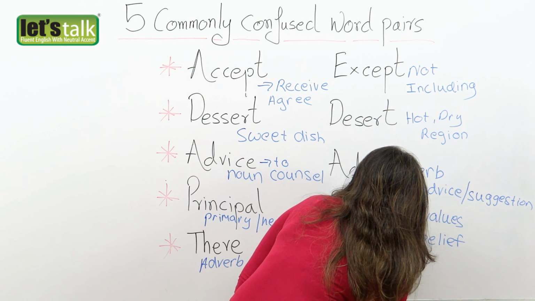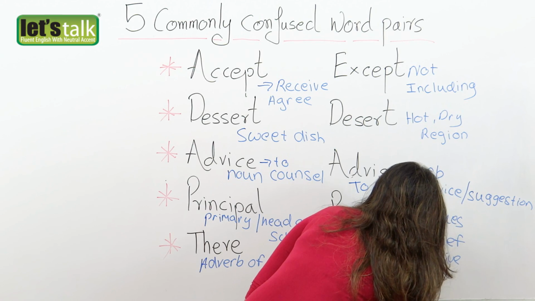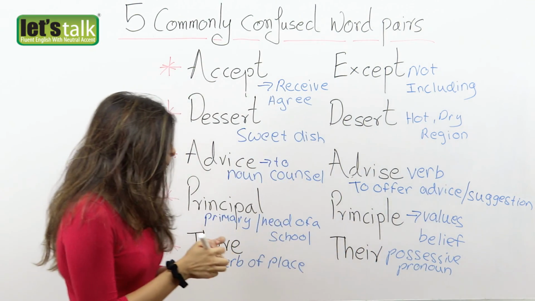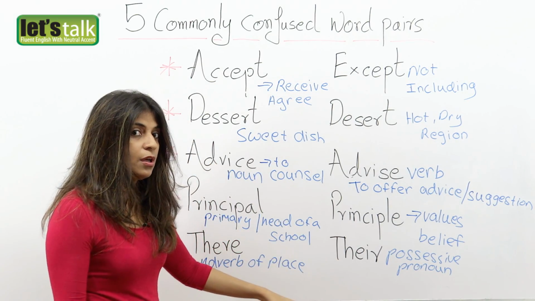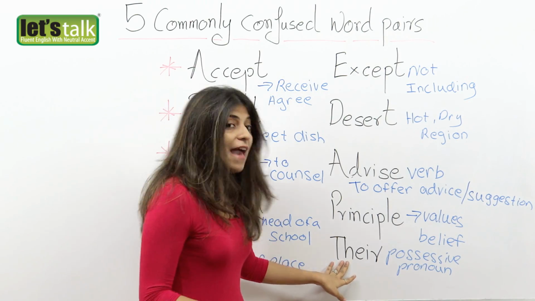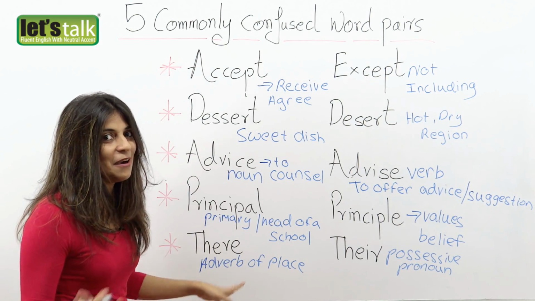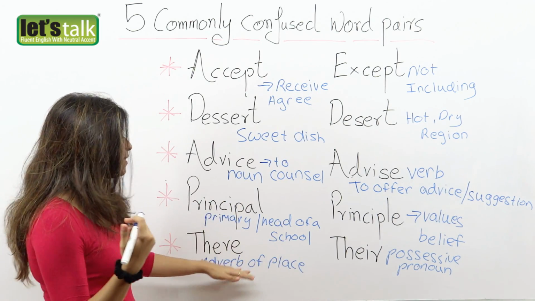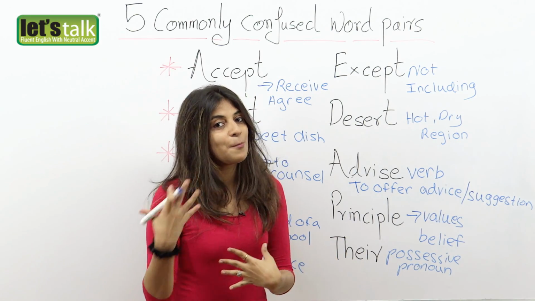For example, you can say they went to Paris with their families, and they stayed there for 2 days. So I hope you got when and how to use these words. So there would be an adverb of place, whereas their is a possessive pronoun.